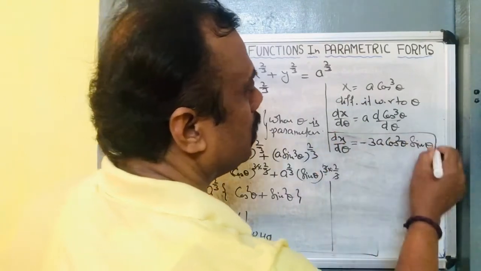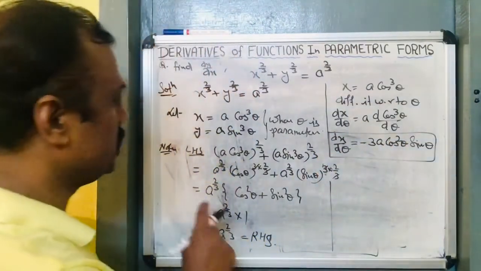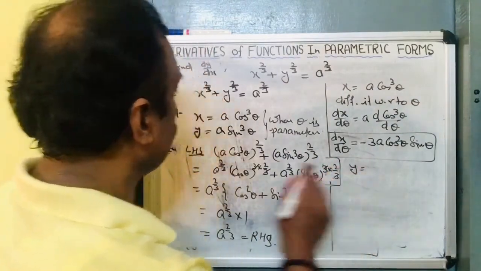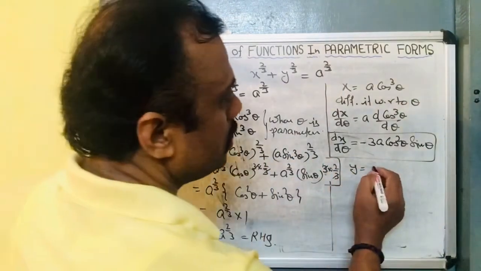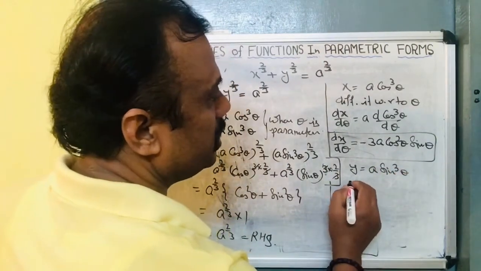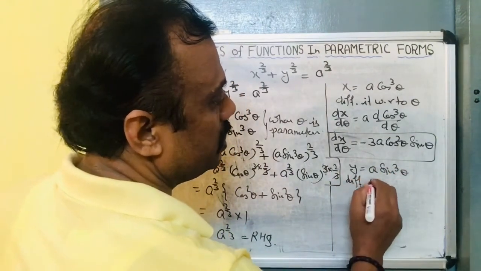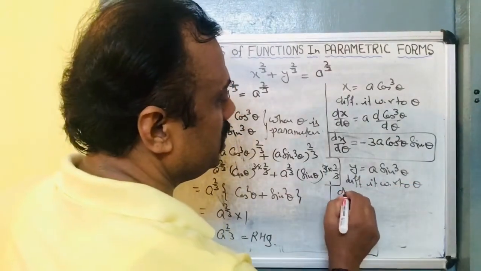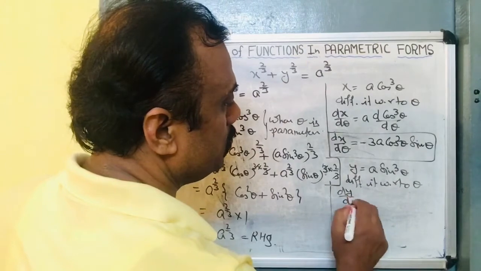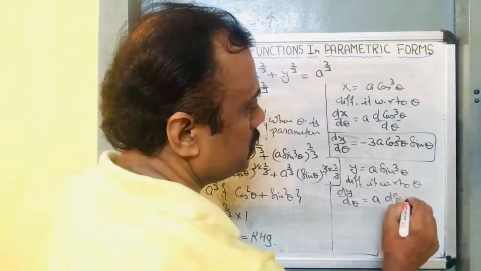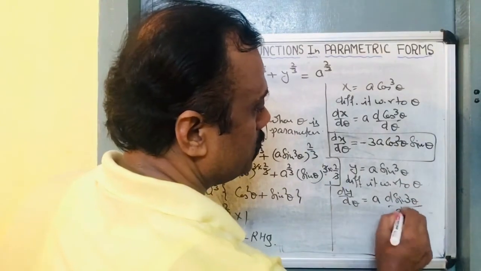Now for the second one, y equals a sine cube theta, so differentiating it with respect to theta, d by d theta of y equals a times d by d theta of sine cube theta.